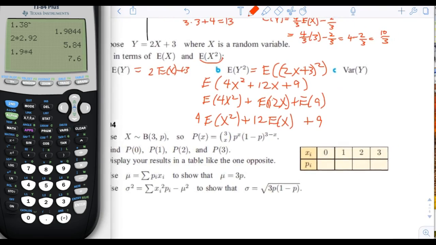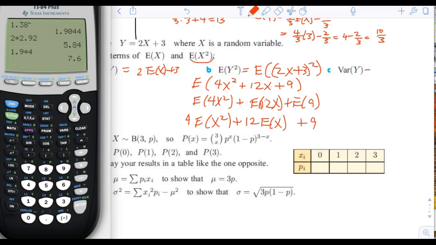So the variance of y, we're going to use the result from b to find the c. So the variance of y, if you remember, is equal to the expected value of y squared minus the expected value of y quantity squared. So we just found the expected value of y squared in the previous result.